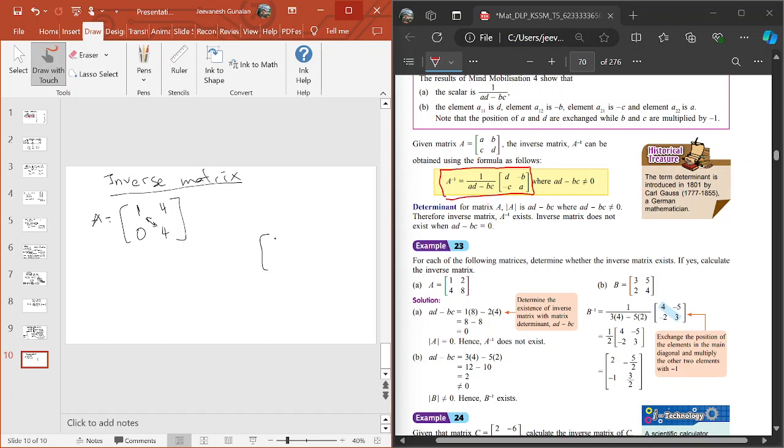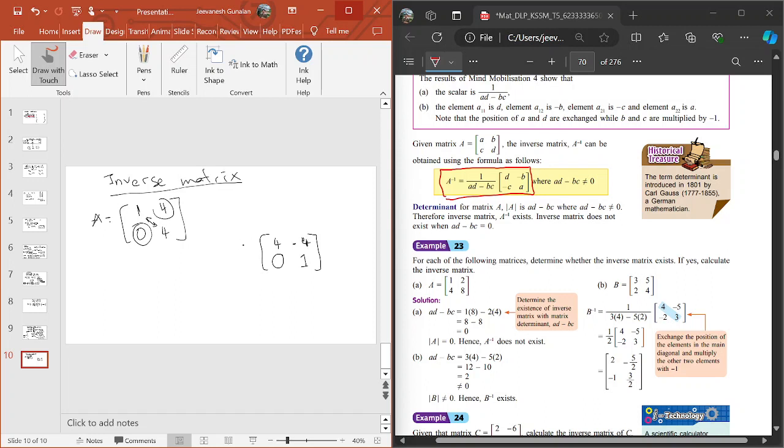So now I take 4 and 1 here, and then I'm not going to change these values 4 and 0, but I'm going to change their sign. 0 doesn't matter whatever sign you put, it's just 0, but here is positive, right? So now you're going to change it to negative.